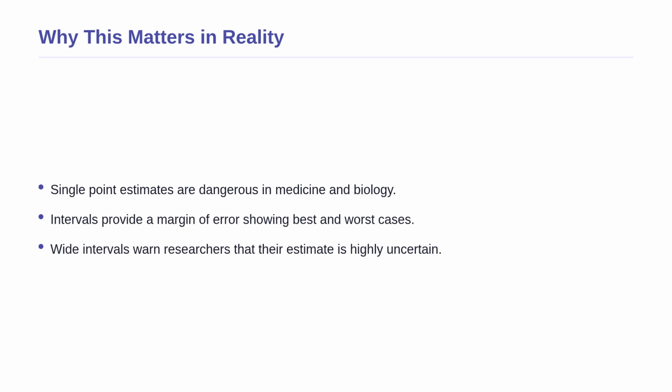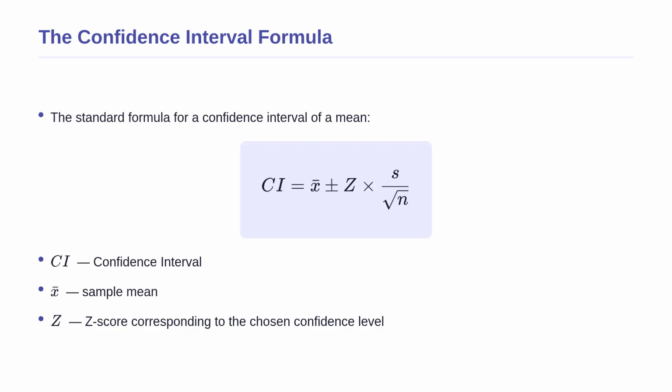Now that we understand the concept, let us look at how we actually calculate this range. The formula you see here builds our interval by starting with our best guess, the sample mean, and then adding and subtracting a margin of error. Let us break down the symbols. CI stands for the confidence interval we are trying to find.